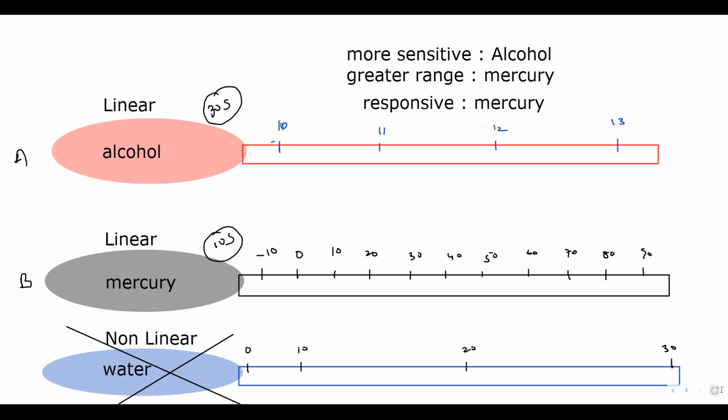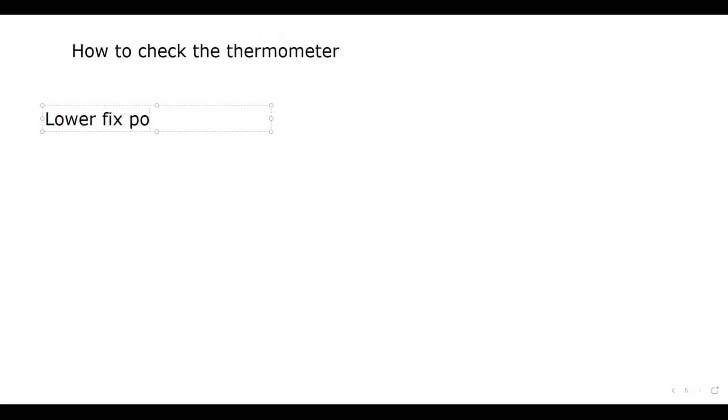So for every thermometer, how do we check the thermometers? For every thermometer, we define two things. We call the first the lower fixed point, that is the temperature of 0 degree centigrade.